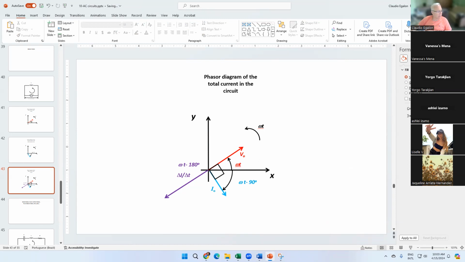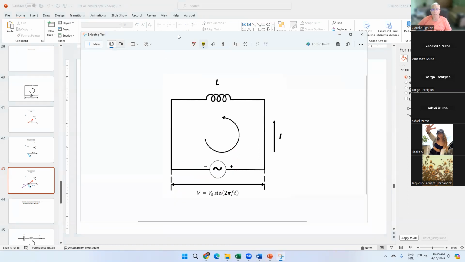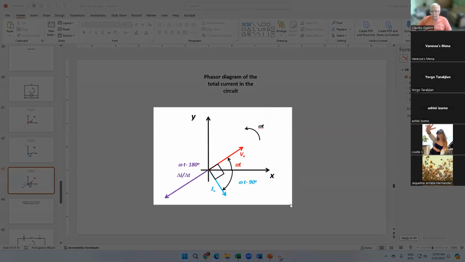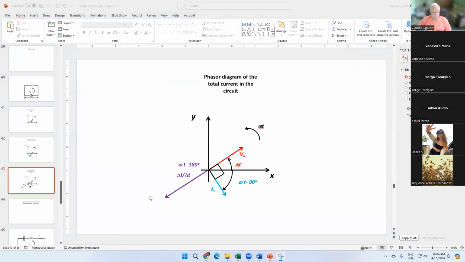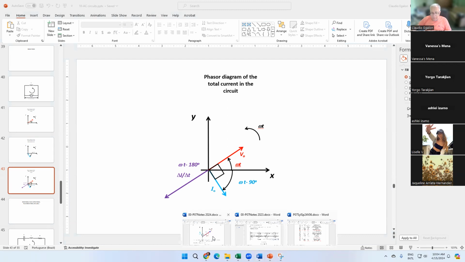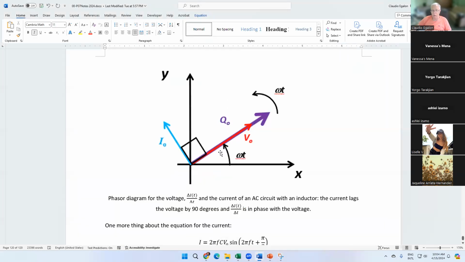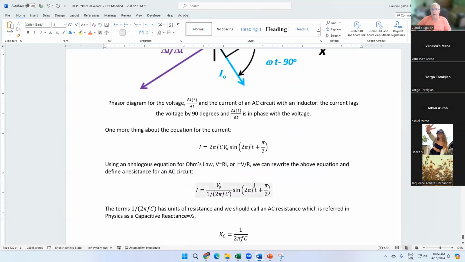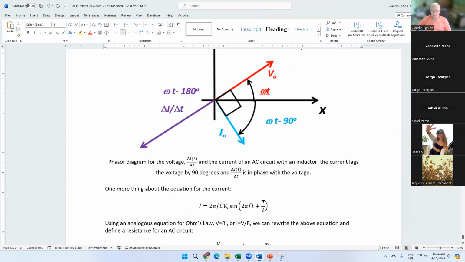And then I can copy. Those phasor diagrams are very useful, and you're going to see very soon why. They make our lives much simpler when it comes to a different type of circuit.